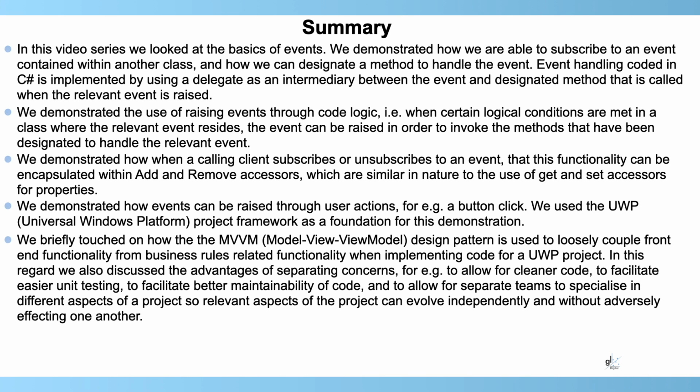In this regard, we also discussed the advantages of separating concerns, for example, to allow for cleaner code, to facilitate easier unit testing, to facilitate better maintainability of code, and to allow for separate teams to specialize in different aspects of a project, so relevant aspects of the project can evolve independently and without adversely affecting one another.